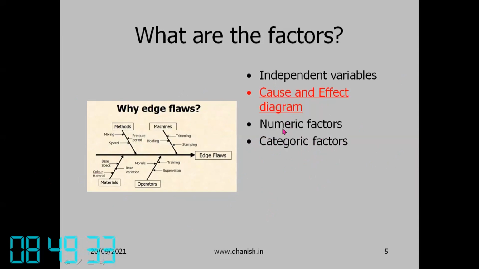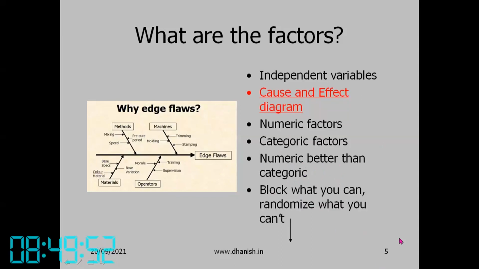Whereas if you say the hardness of the cutting tool, then that becomes a numeric factor. You can measure it. There is an order in that number. Whereas for categoric factors, the order has no meaning. So generally numeric is better. So you always try to convert categoric into numeric factors.